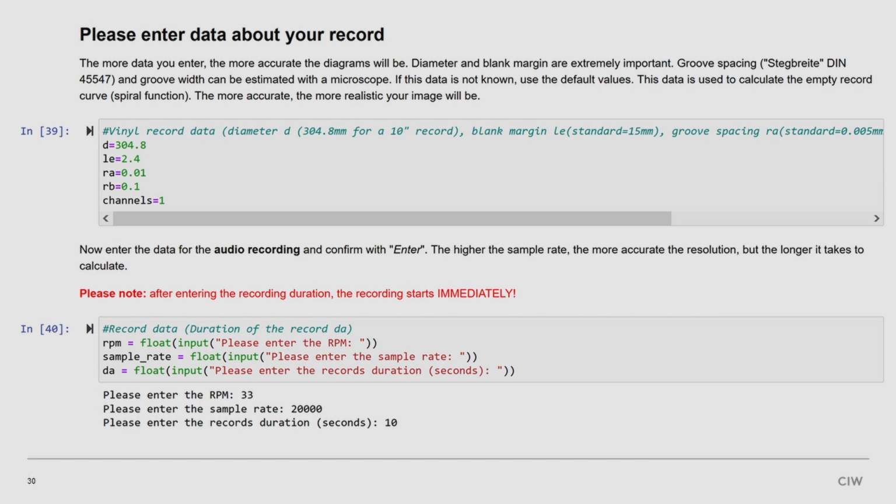Here I have to put in three pieces of information. One is the rounds per minute, and I see it here, it's 33. So this is how fast it rotates, okay? The second one is the sample rate, which is basically the sensitivity of my system.